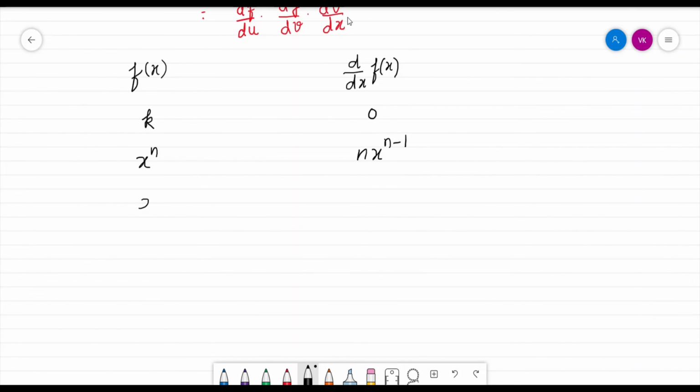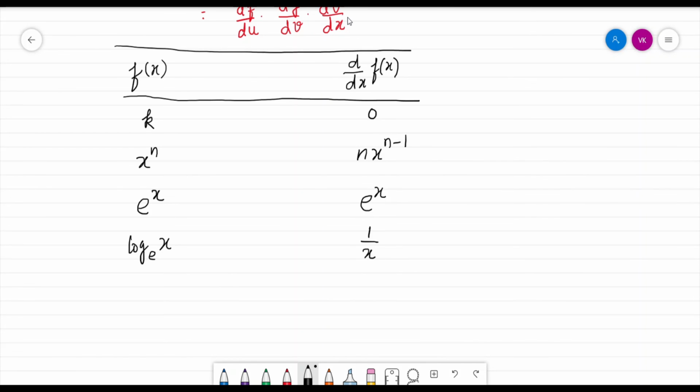The derivative of exponential function e power x is the same function e power x. In mathematics, and in calculus in particular, whenever we mean logarithm, it is always to base e. So the derivative of log x to the base e is 1 by x. Suppose the base is not e, by the change of base rule, we have to change the base to e and then apply the derivative formula.